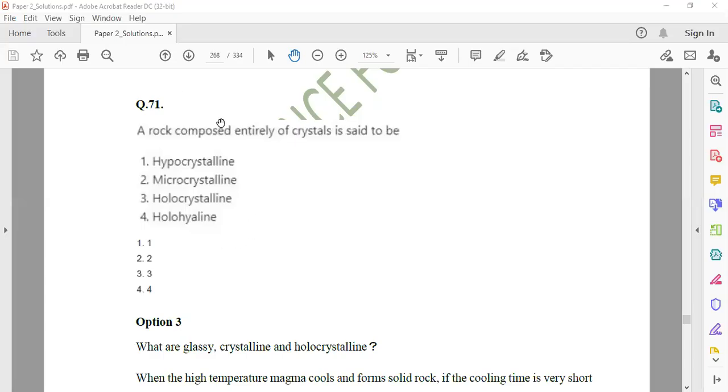71, which is from rock and mineral. So it is asking about that: a rock composed entirely of crystal is said to be... means ऐसी rock जो entirely crystal की बनी होती है उसको क्या बोलते हैं?